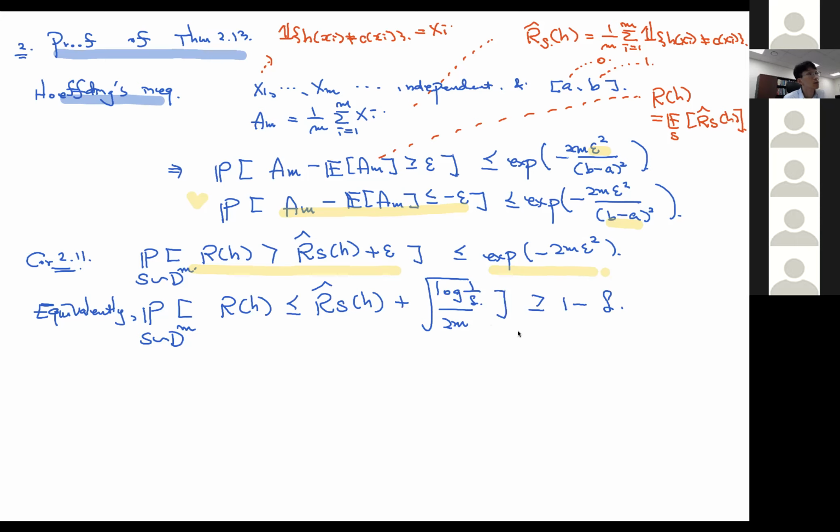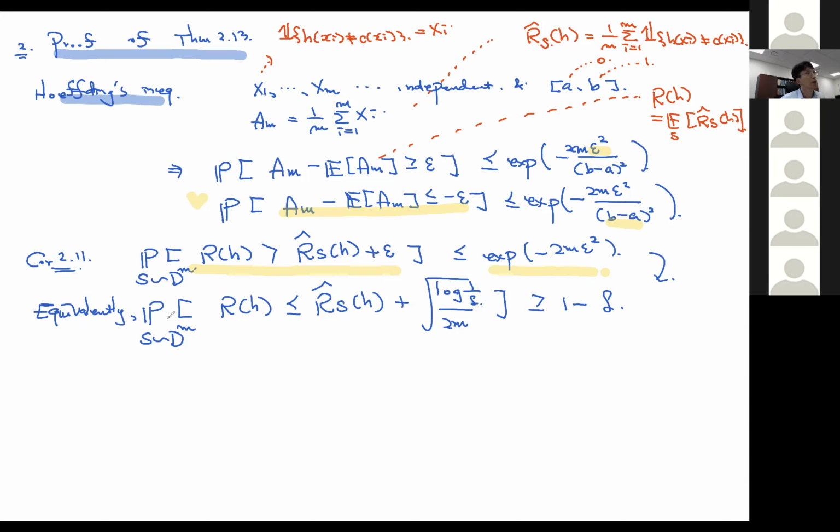You can obtain the one below very easily from the one above. You just take 1 minus the exponentiation on one side and so on, and with some simple manipulation you can get the one below. So they're talking about the same thing. Now, how can you use this 2.11? The point of 2.11 is an argument about a single hypothesis.